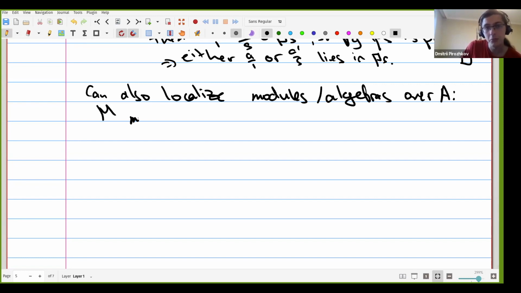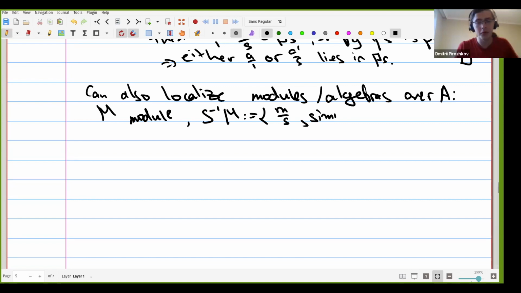If you have a module M, then we define S^{-1}M, where S is still a multiplicative subset of A, as a set of fractions m/s, with the same equivalence relation.